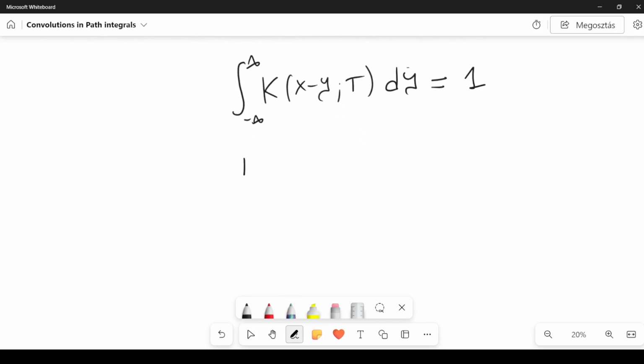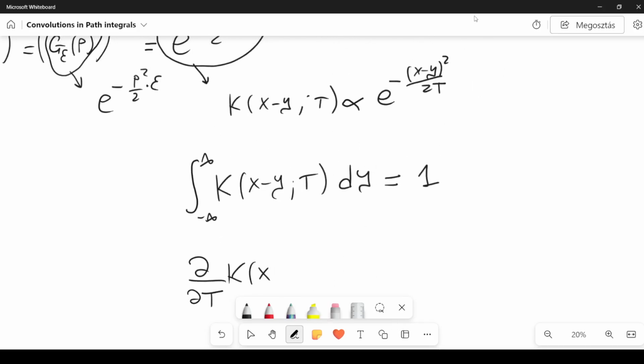satisfies the following equation. So the derivative with respect to t of k of, let's call the argument x instead of x minus y. So you simply have to replace x minus y with x in here. So I can call this x, and therefore here I have to replace it with x.